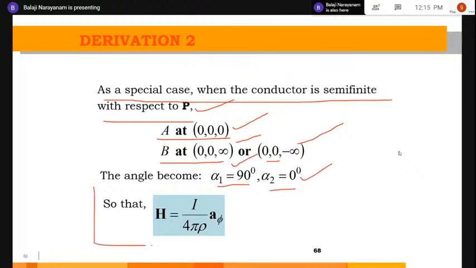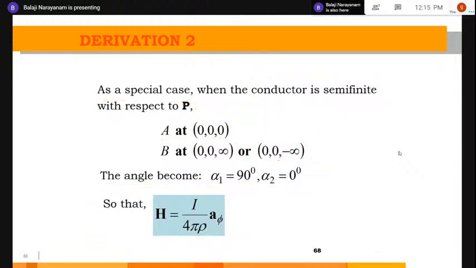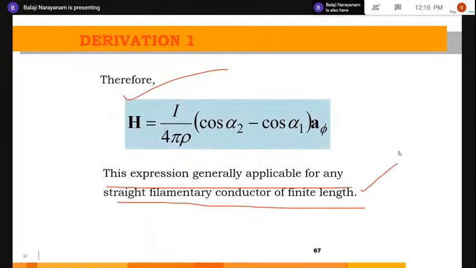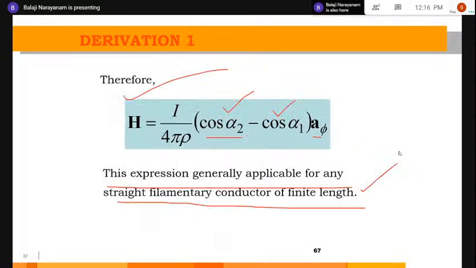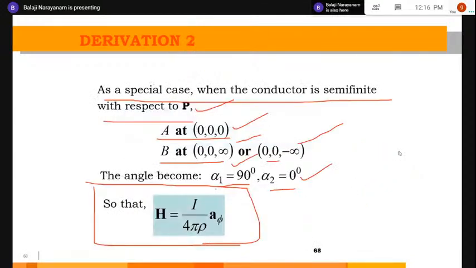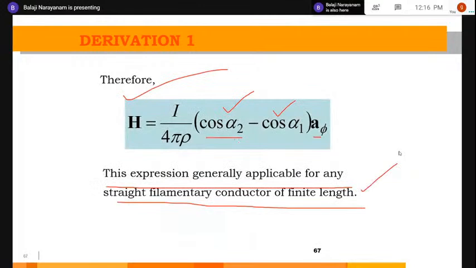For this particular case, the equation we have derived, H is equal to 1 by 4 pi rho cos alpha 2 minus cos alpha 1 A phi, reduces with alpha 2 and alpha 1 substituted. Alpha 2 you substitute 0, so cos 0 is 1. Cos alpha 1 is cos 90 degrees.